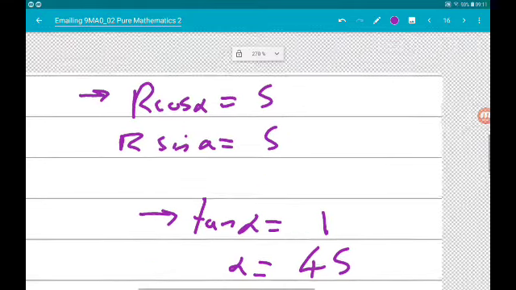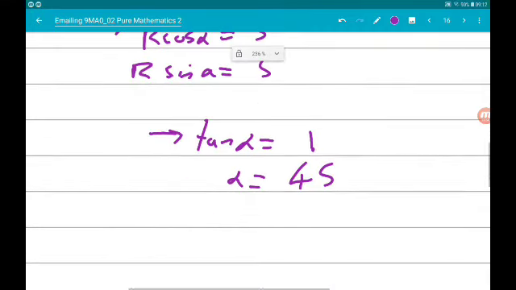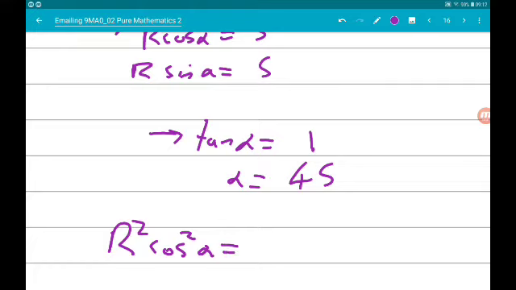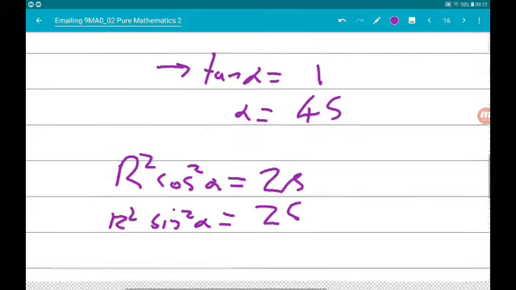Now, we can also square both sides of these, so we would get r squared cos squared alpha is equal to 25, and r squared sine squared alpha is equal to 25.